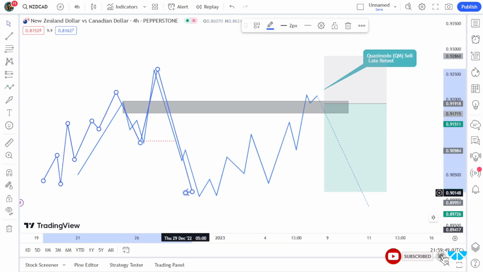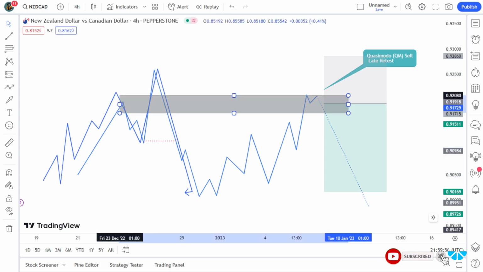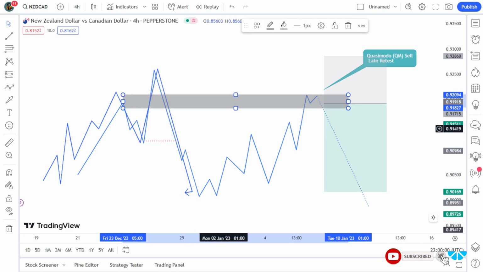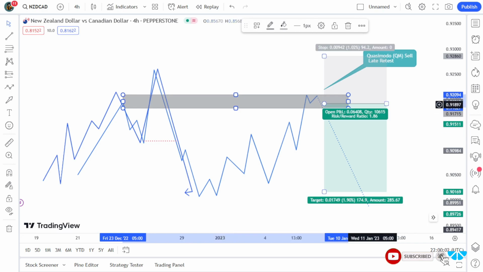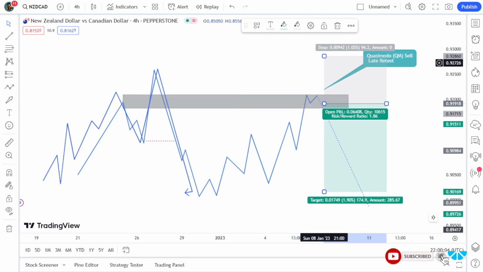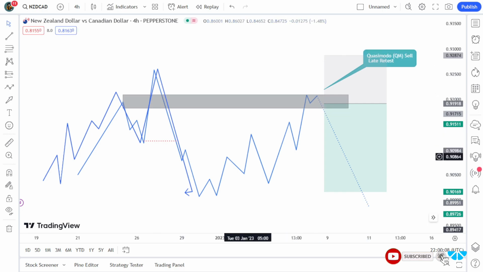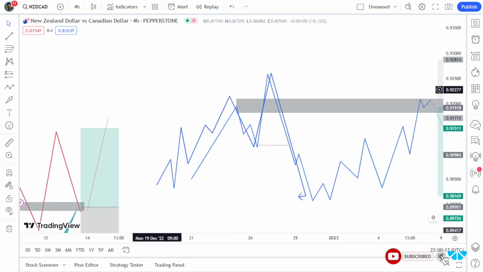Once it breaks the market structure, our confirmation is set. Then we include our point of interest, which is going to be at the left peak. Once we include our point of interest, we put our sell limit or sell stop, then wait for price to reverse within the range before meeting our targeted take profit.